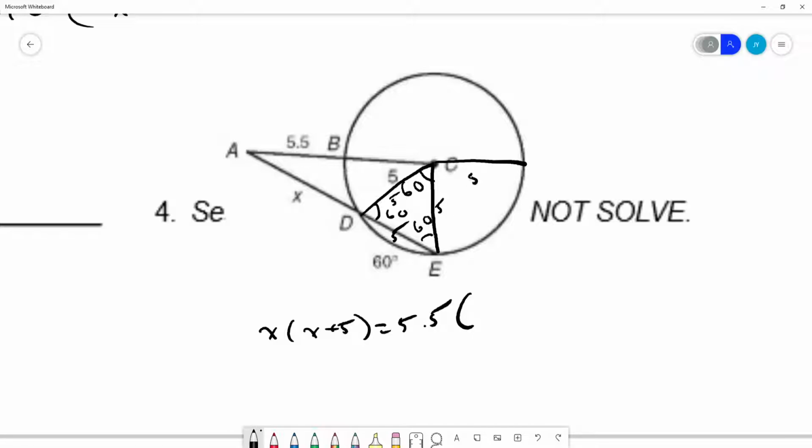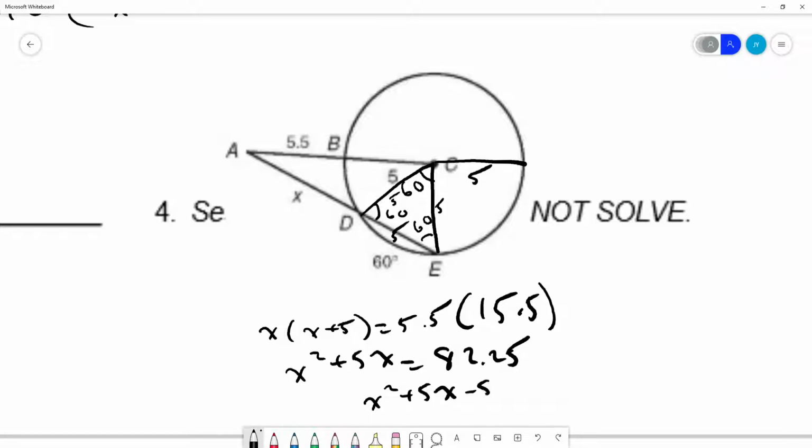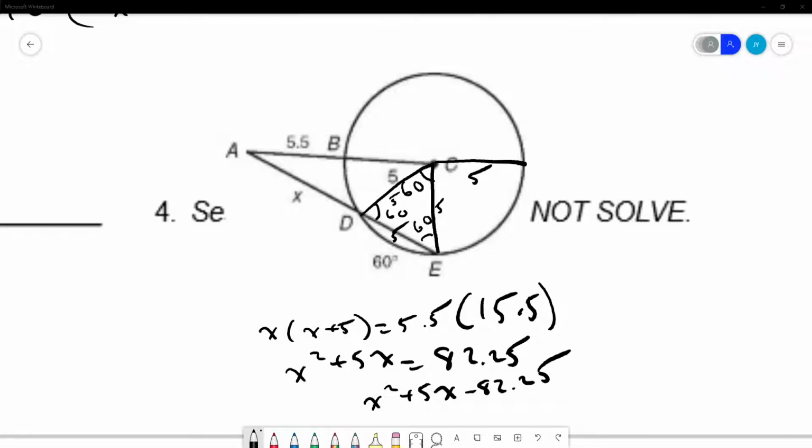So this is going to be 5 because it's also a radius, so 10, 15.5. Then you solve from there. Let's quickly calculate that out. It's going to be 82.25 x squared plus 5x minus 82.25. And that's going to be your equation for that problem.